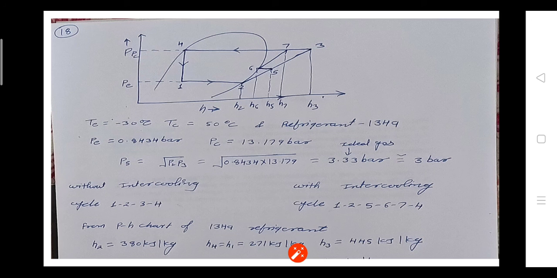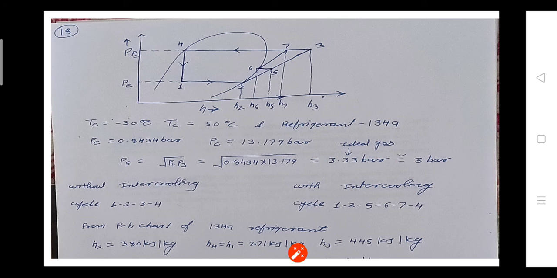Now we will see the difference between without intercooling, or without compound compressor, and with intercooling, and what difference occurs in the COP. The original cycle without intercooling is 1 2 3 4.